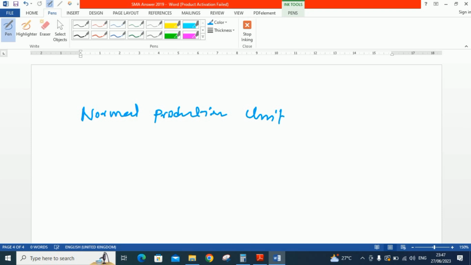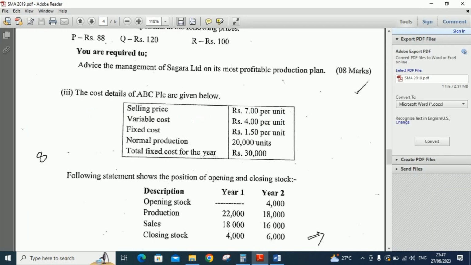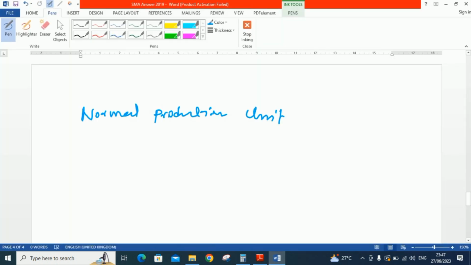As per the question paper, the normal production unit is 20,000. Everyone knows the fixed cost never changes until a certain period. So total fixed cost, 20,000 into 1.5 is 30,000 total fixed cost.